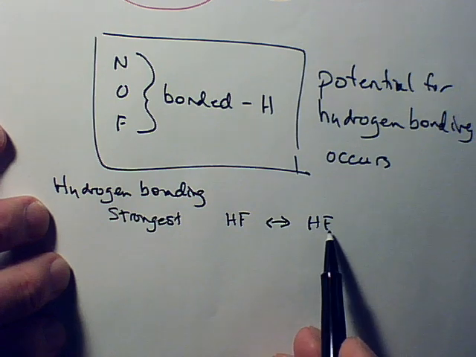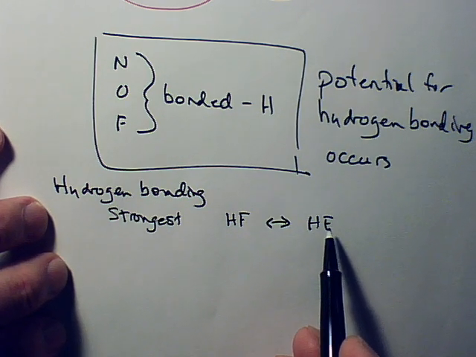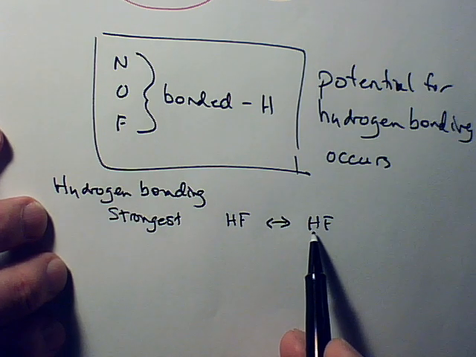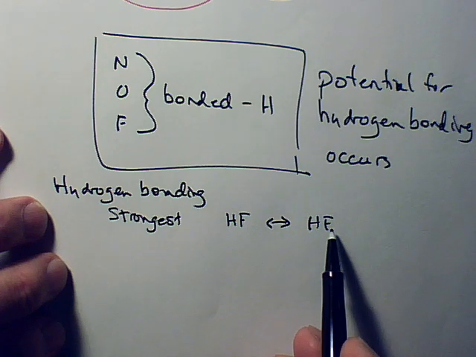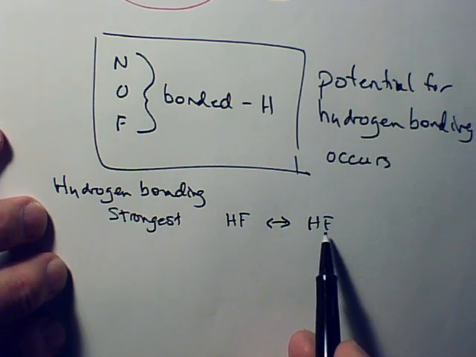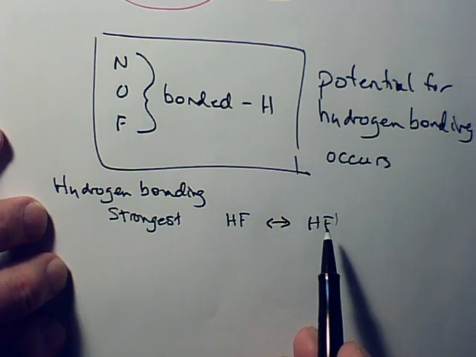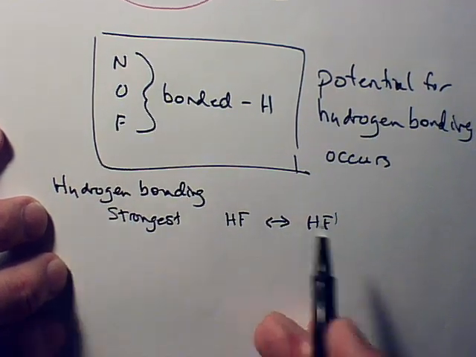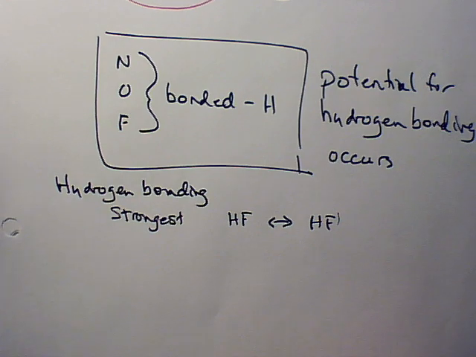Okay? Well, fluorine already has 7 electrons. Hydrogen has 1 electron. I can only bond 1 hydrogen to 1 fluorine. It's done. That's it. Nothing else can bond here, right? Hydrogen fluoride's done, finished. You can't attach it to anything. So that doesn't help us a whole lot because it's its own thing.